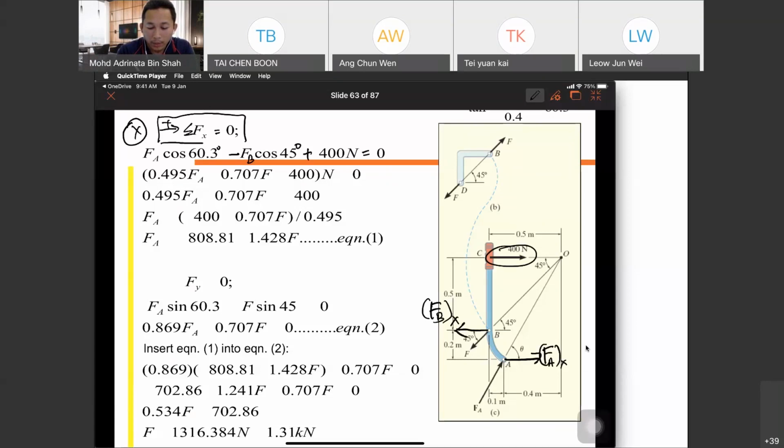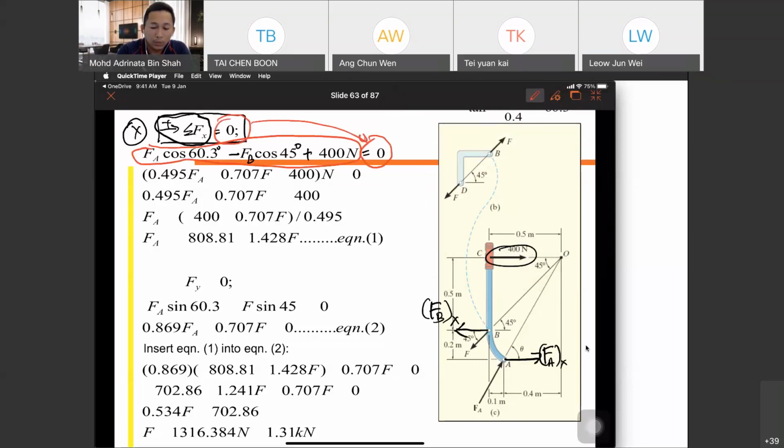And then you write your summation of Fx, so the summation of Fx is this one, equals to 0.